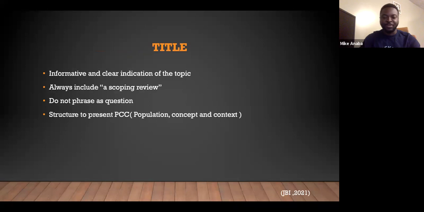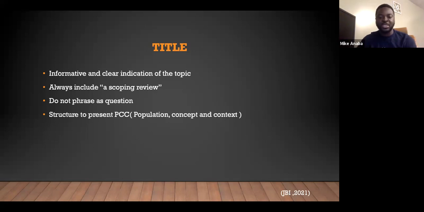Now, we're going to break down the components of what your protocol should entail in terms of a scoping review. For JBI specifications, your title, which is the first part of your protocol, should be an informative and clear indication of your topic.